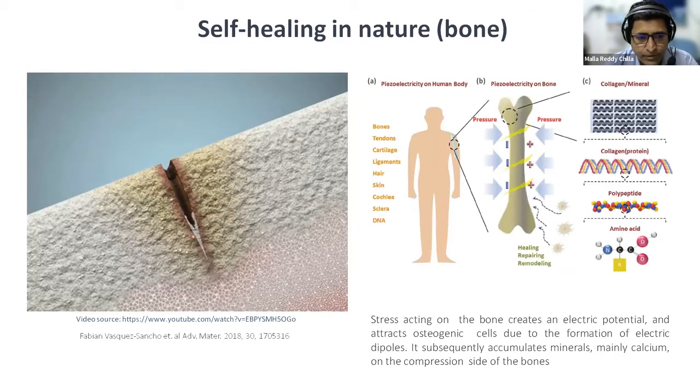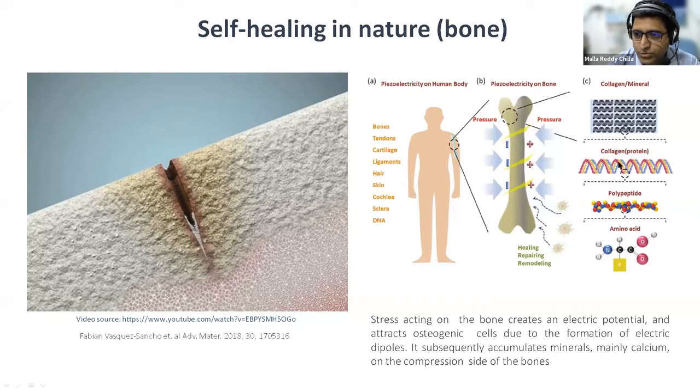For example, if you look at the bone, when there is a fracture, the fracture surfaces actually develop electrical charge, because the bone is a composite which has collagen in it, and the collagen has amino acids, and these peptides are made with amino acids which are chiral, right?